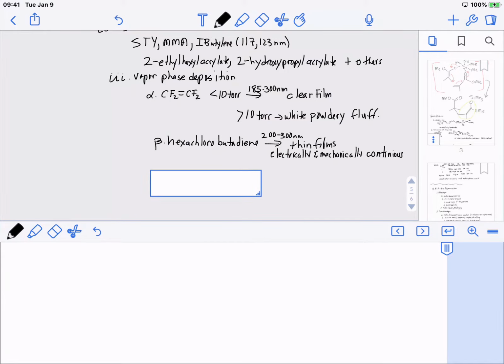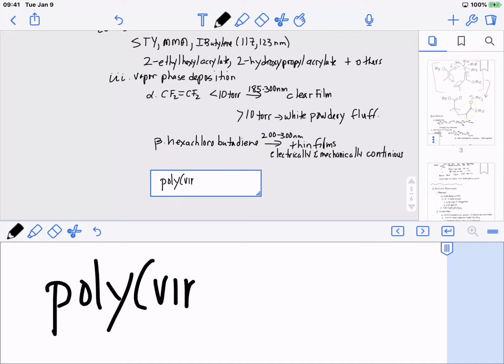One of the ones that actually gets used a bit is the production of polyvinyl cinnamate.